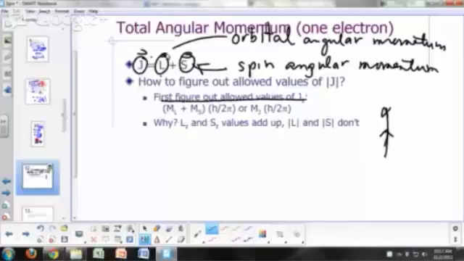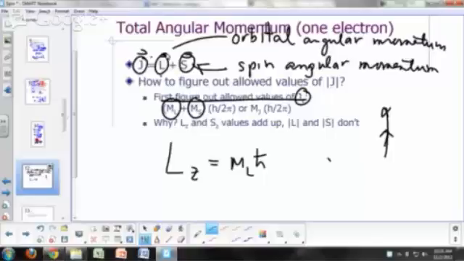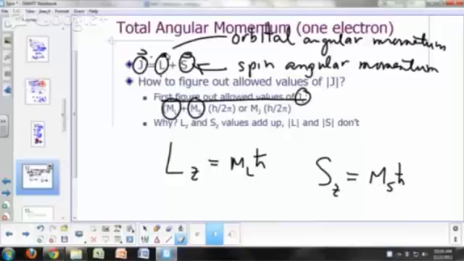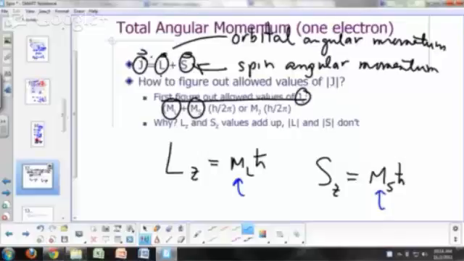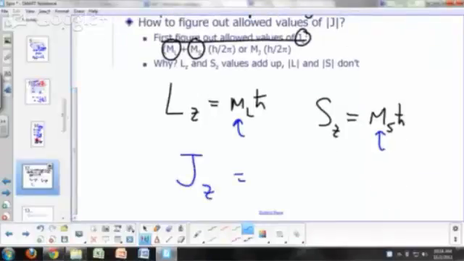So figure out the allowed values of J sub Z. If we call m sub L ħ the Z component of L, and m sub S ħ the Z component of the spin vector, we look at the restrictions in m sub L and m sub S. That will tell us what the restrictions will be for the total Z component, J sub Z, which is L_Z plus S_Z.